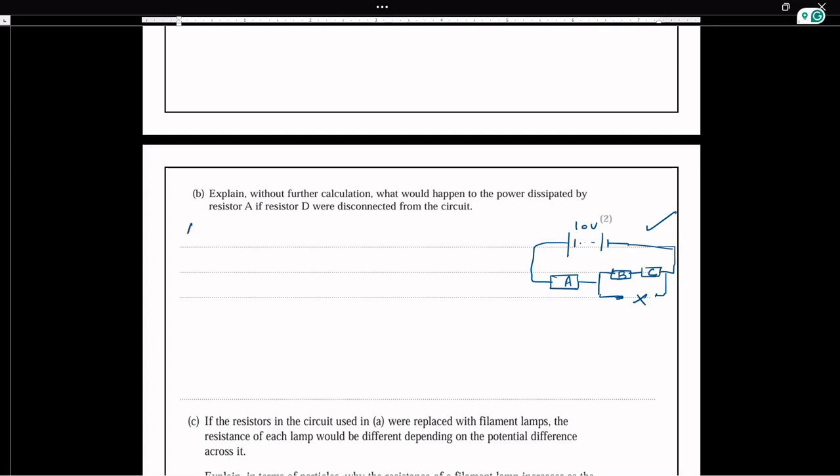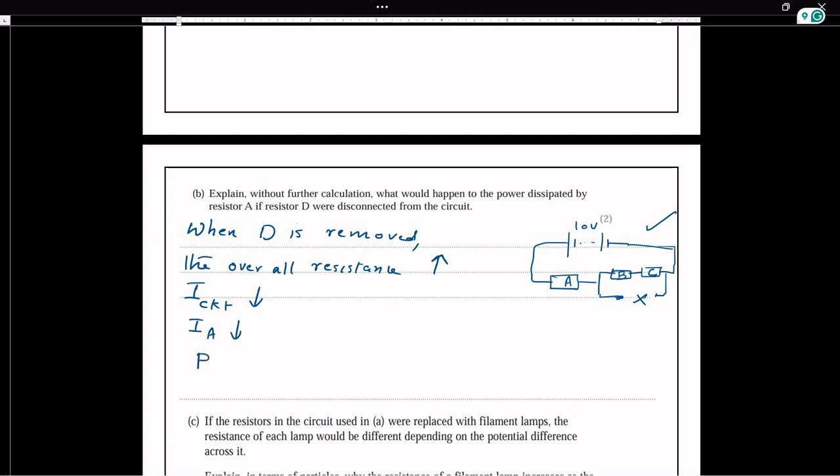So we'll write: when D is removed, the overall resistance increases. So the circuit current decreases, which means the current through A decreases.